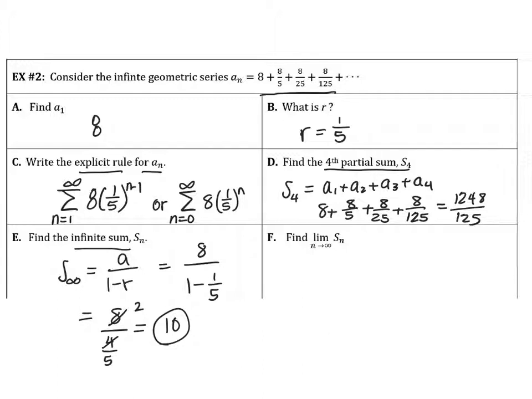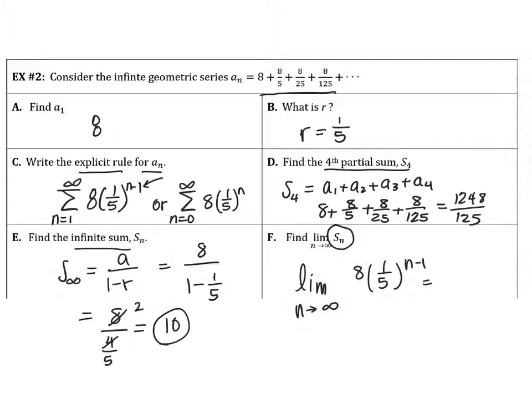Okay, now the next part, they want us to find the limit as n approaches infinity of our S sub n. So here, that's going to be talking about our general term. So we have the limit as n approaches infinity of 8 times 1/5 to the n minus 1.